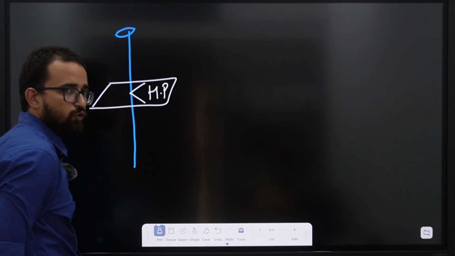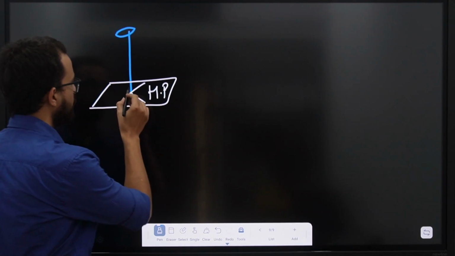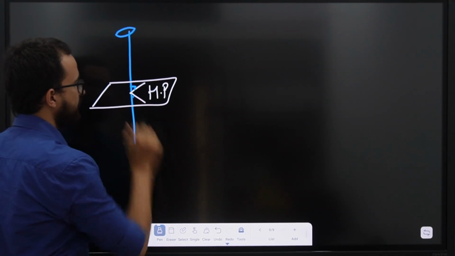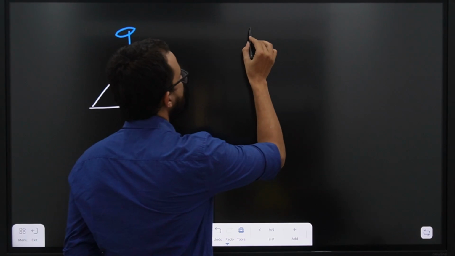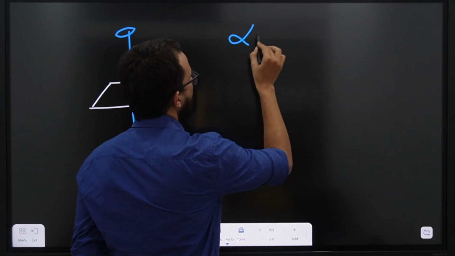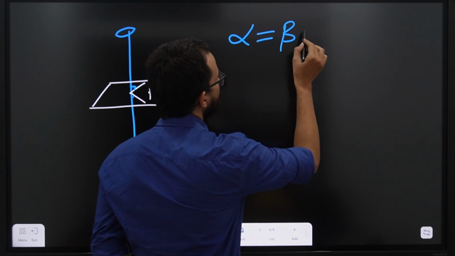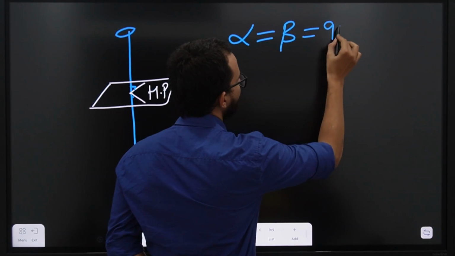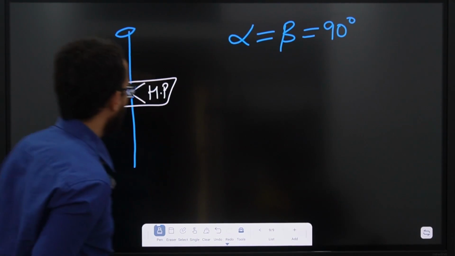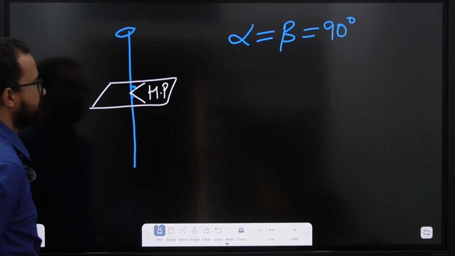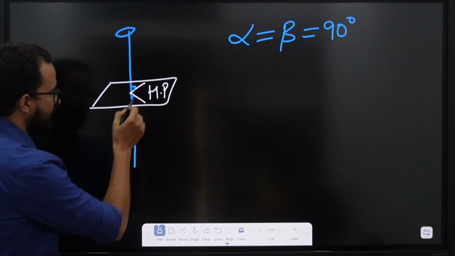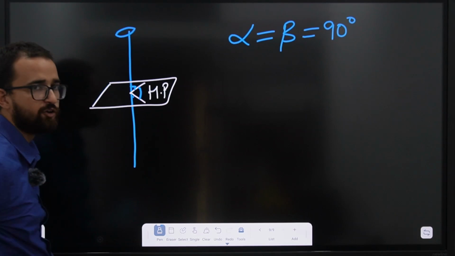So when you have such a 2-fold axis, what will happen? This 2-fold is perpendicular to this horizontal plane. That means the 2-fold axis is perpendicular to the horizontal plane, means that 2 of the angles are at 90 degrees to each other. The third angle is such that it is not 90. What is that third angle? That third angle is present in this horizontal plane.